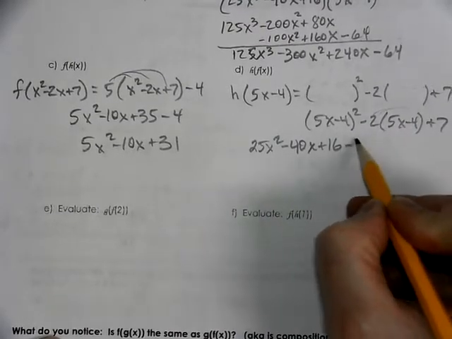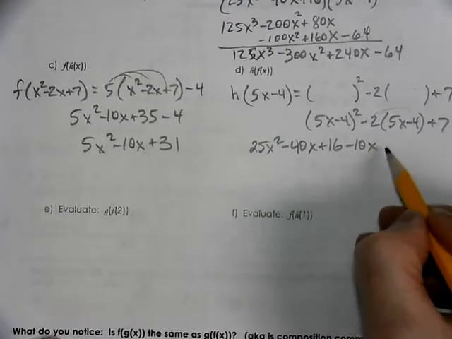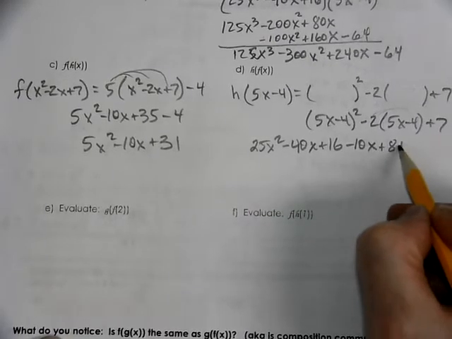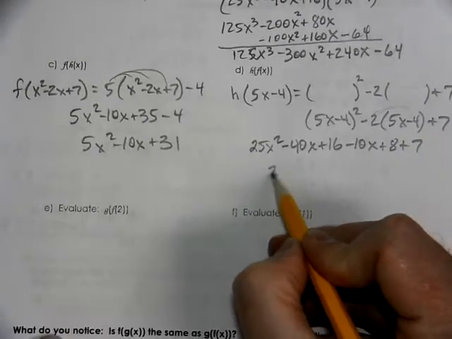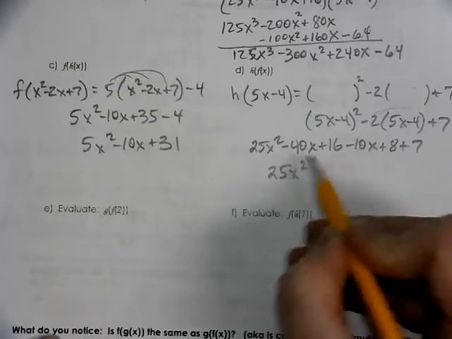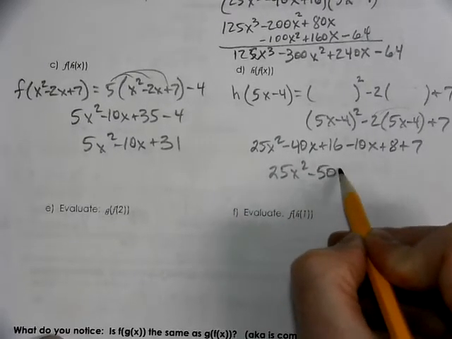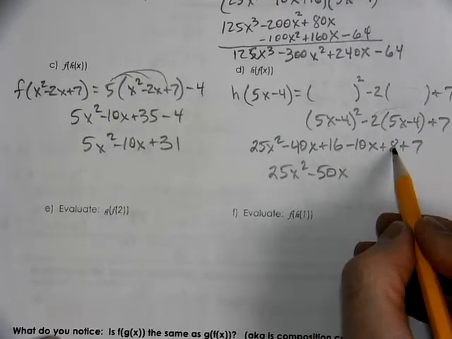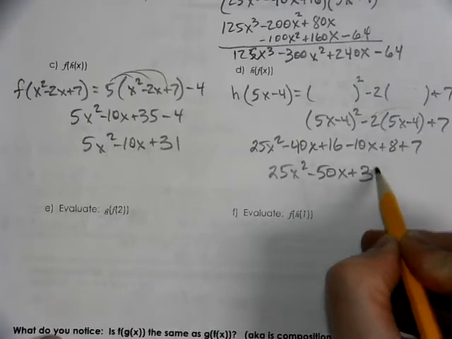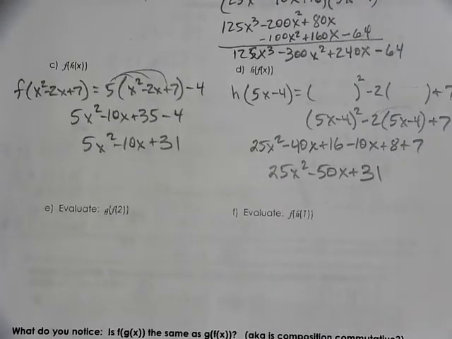Then distribute through to get negative 10x plus 8 plus 7. So that gives us 25x squared, negative 50x, 16 and 15 is 31. So that is going to be h of f of x.